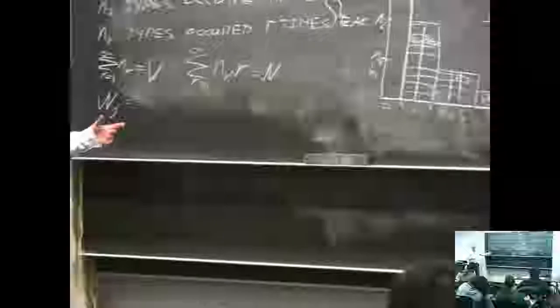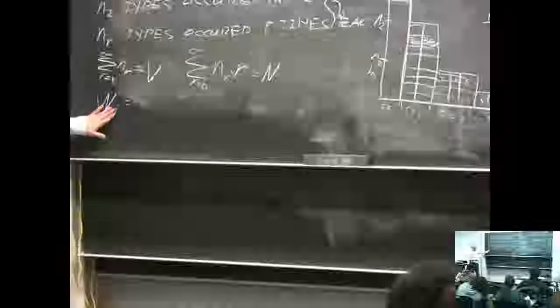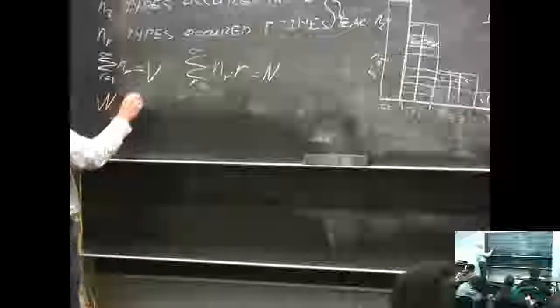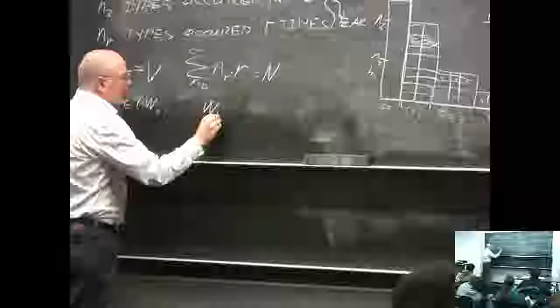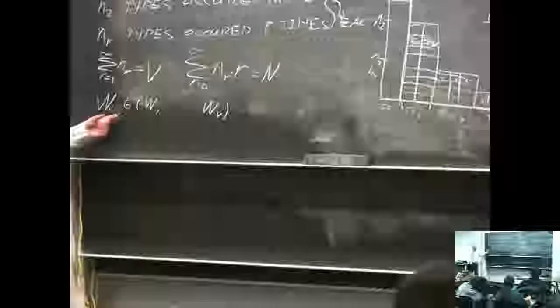W in general is a random variable, and the values it takes are from W1 through WV. So the value it takes is which of the words in the vocabulary it is.